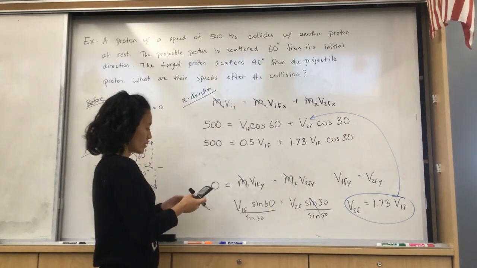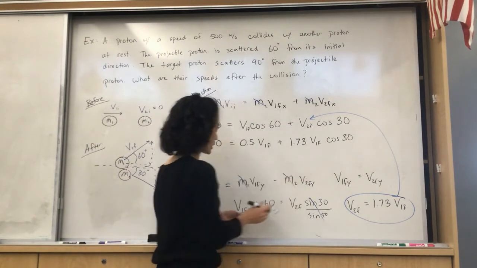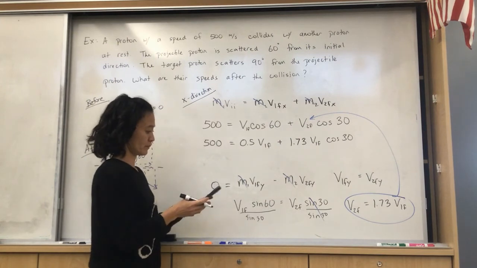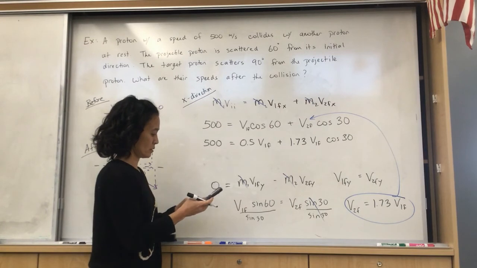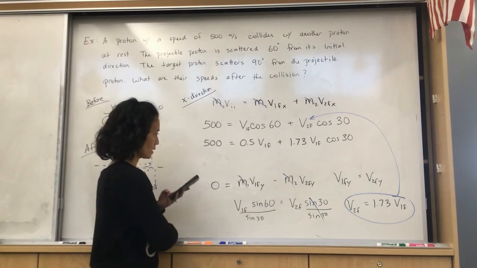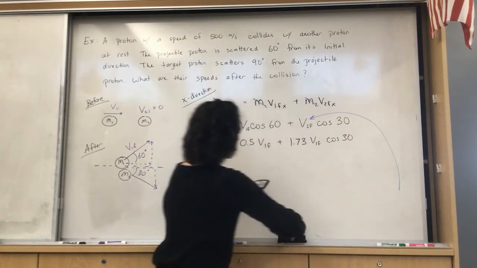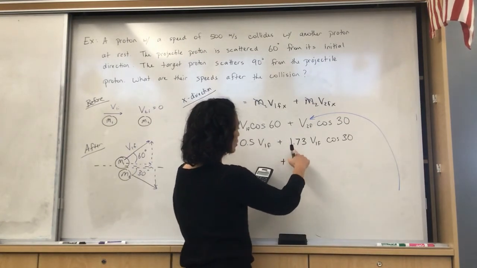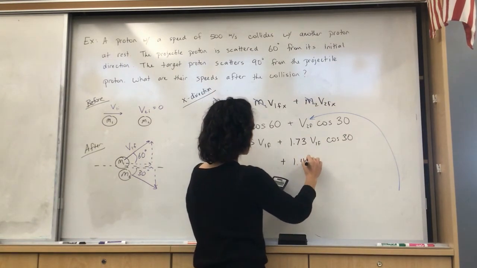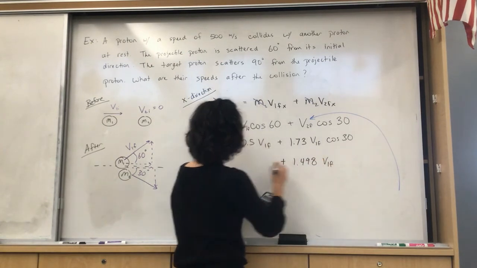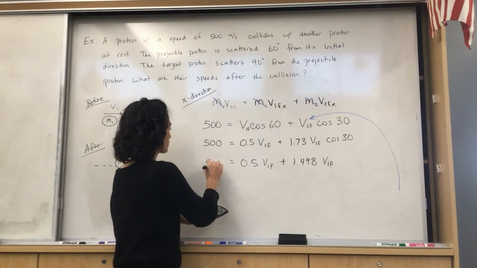Now we can algebraically manipulate this. What is 1.73 times the cosine of 30? I get 1.498 V1 final, and then this is 0.5 V1 final equals 500.